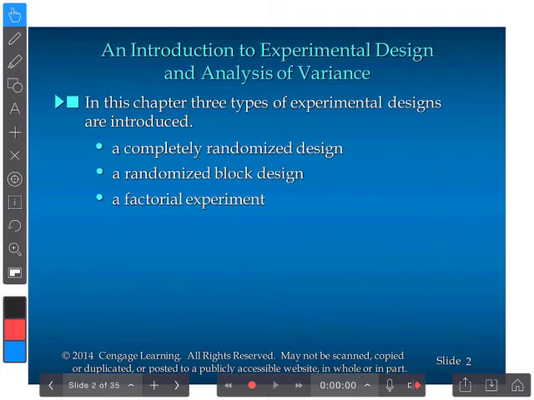If we take a random sample of n individuals or n elements, and we randomly assign those n elements to the different factors, the sample sizes don't have to be the same for each of those. If that is the case, then we have a completely randomized design. And that's the case that we're going to talk about. Shortly after, I will do a separate presentation on two-way analysis of variance or randomized block design.